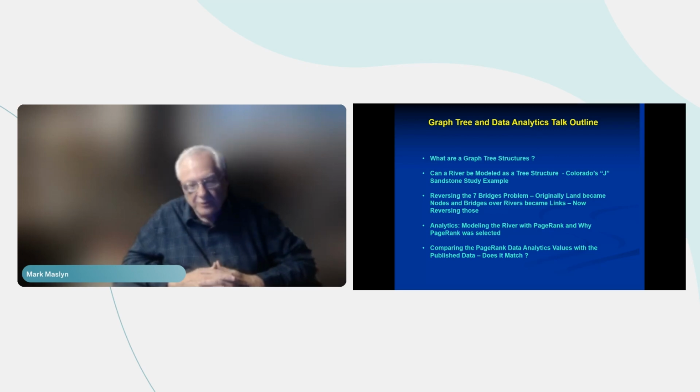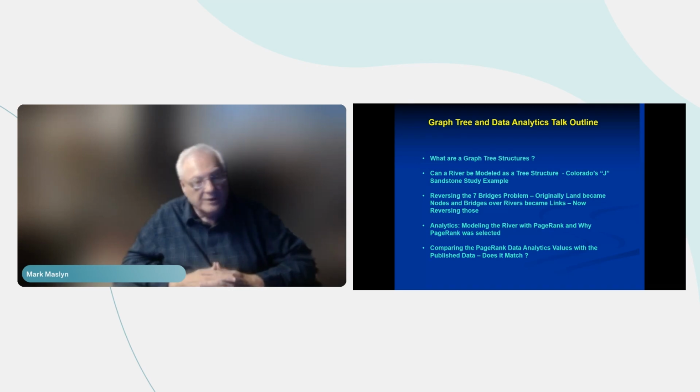And then the question becomes, how would we model it? The very famous and classic Seven Bridges problem, the Seven Bridges of Königsberg, was a similar kind of situation. Originally the land in Königsberg became nodes, and the bridges over the rivers became links.